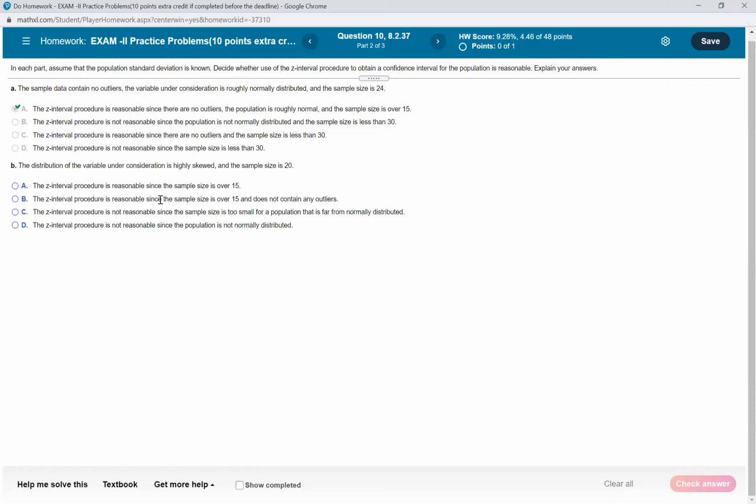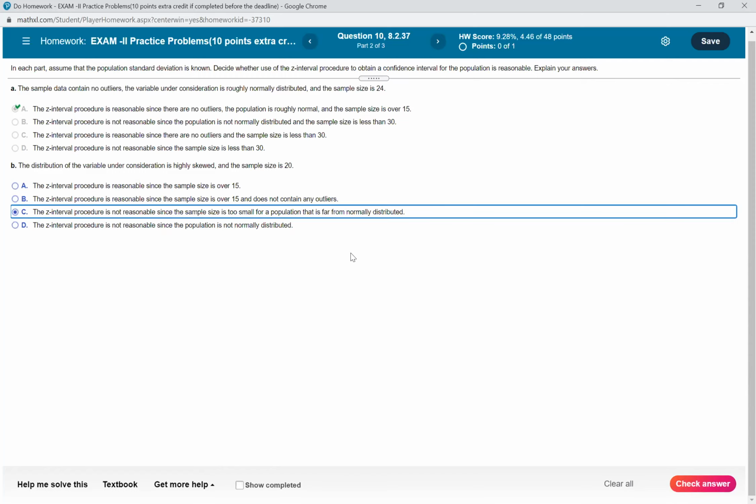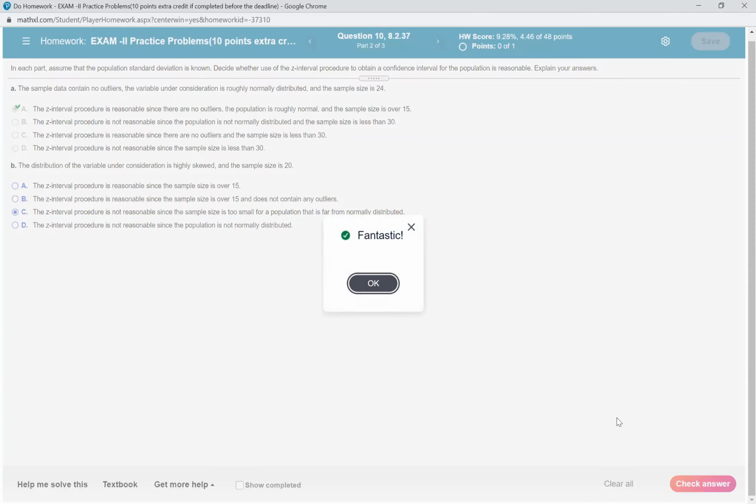This is not correct, because it is highly skewed, so that means it has some outliers. The interval procedure is not reasonable since the sample size is too small for a population that is far from normally distributed. Yeah, the sample size is not large and the population distribution is far from normal, right? This is a highly skewed distribution.